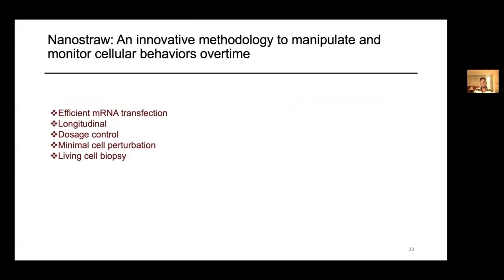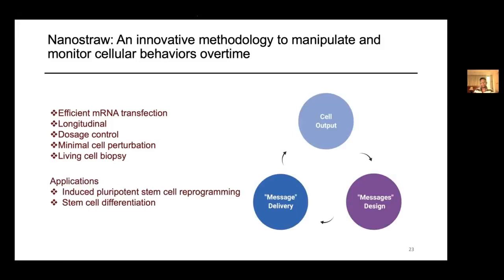I introduced a Nanostraw system that allows the formation of direct intracellular access and realizes dosage-controllable longitudinal delivery and extraction of living cells. Because of the unique feature of Nanostraw, the system provides an innovative methodology to promote longitudinal gene expression and monitor cell behavior in a closed-loop fashion.